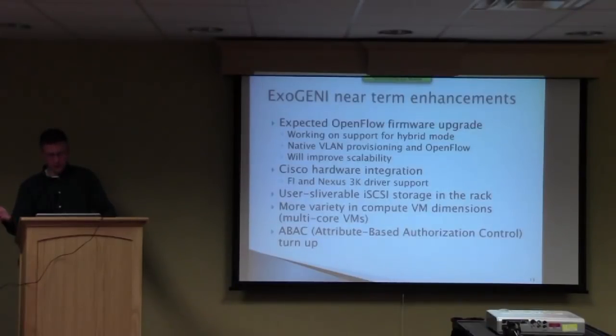In terms of what we've done with Cisco so far, we're able to do intra-rack slices right now. Being able to work with other ExoGENI racks is still on the roadmap, and that includes developing some handlers specifically for their hardware. ABAC authorization is important, and that's on the roadmap as well.